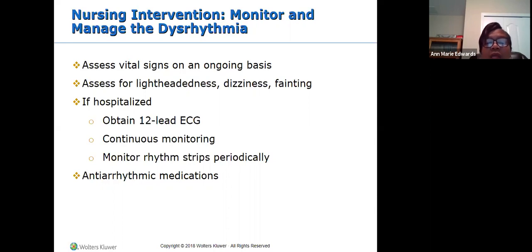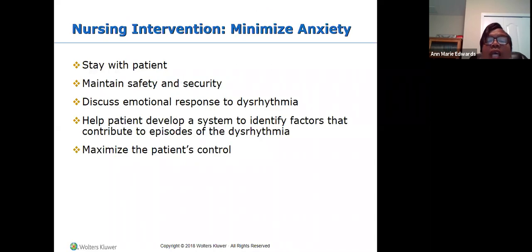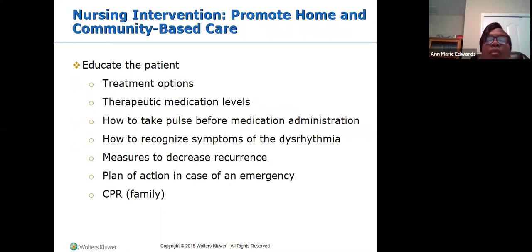And anti-arrhythmic medications will be given. We have to know the side effects and how to give them. We have to be prepared to monitor these patients and also educate them about their medication. We stay with them. We maintain safety and security. We discuss emotional response to dysrhythmia, and we help them develop a system to identify factors that contribute to episodes of dysrhythmia, and we maximize our patients' control.